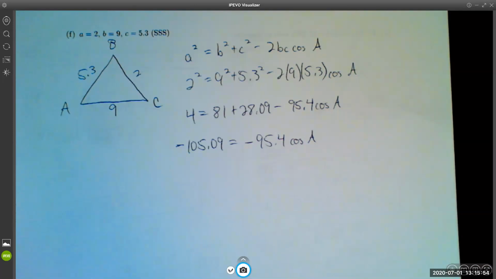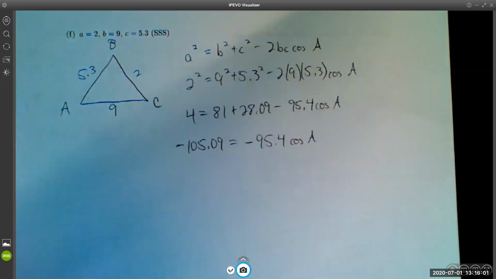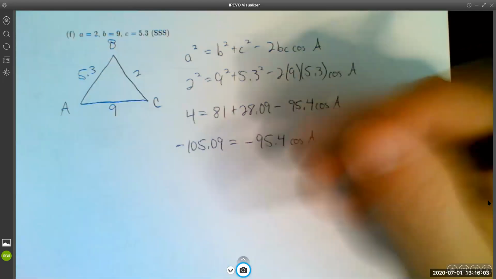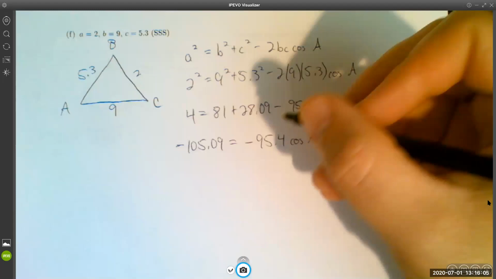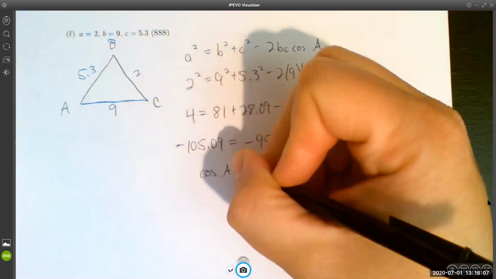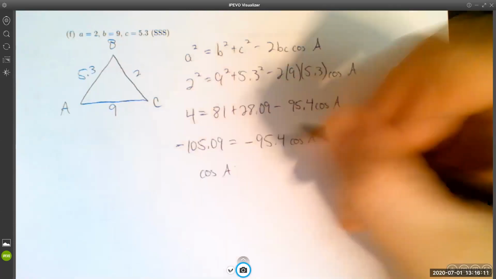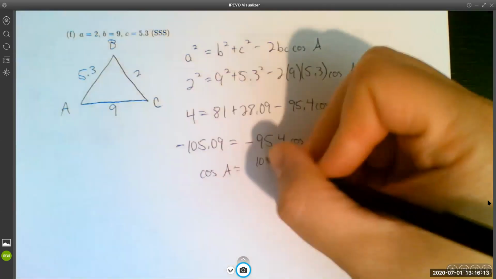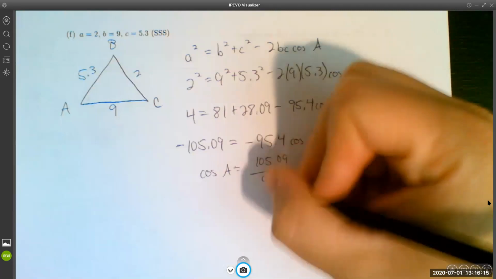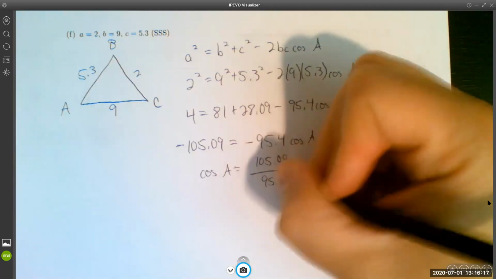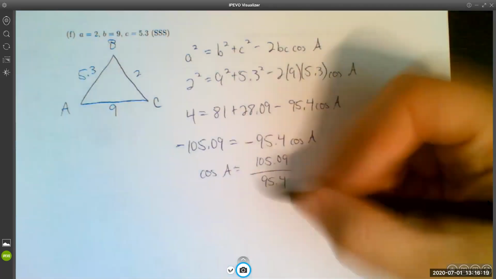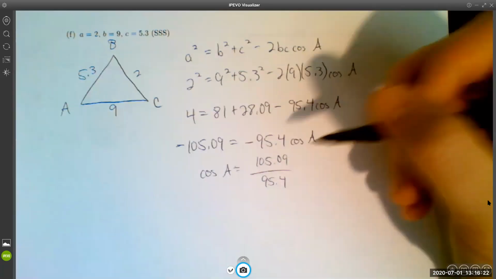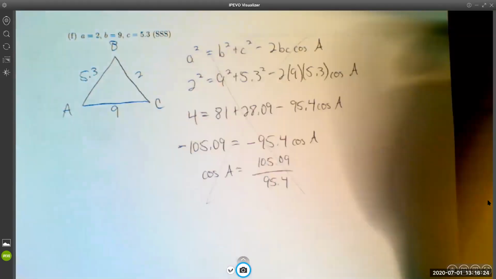Well, yeah, this triangle is not possible, right? Because cosine A is equal to 105.09 divided by 95.4, which is more than 1. So you're getting cosine A is something more than 1. That's not possible. That tells us this triangle is not possible.